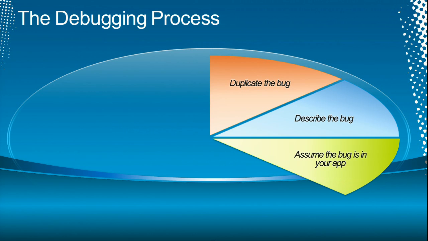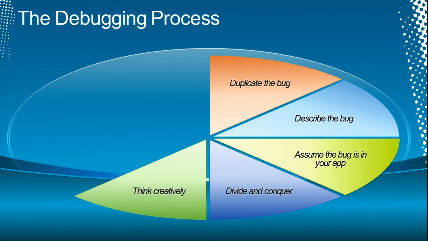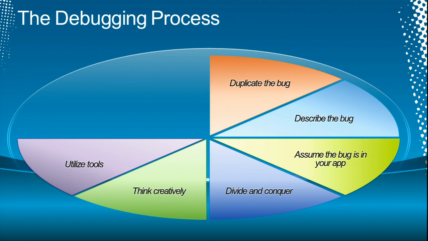The next thing, and this is hard to do, is assume it's your bug. It isn't always. It's sometimes in Windows, but usually it's in the app. Simplify the problem, get it down to the simplest possible repro case, then start to think creatively, figure out if there are any tools that can make it easier.